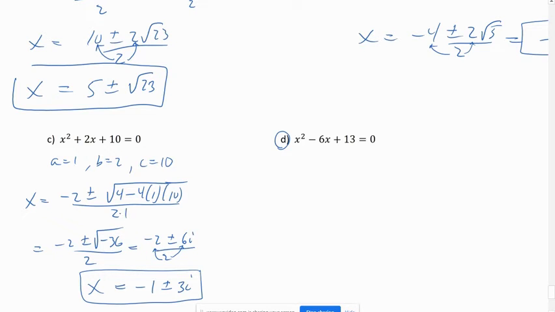For example D, a equals 1, b equals -6, c is 13, and so x equals the opposite of b plus or minus the square root of b squared minus 4 times a times c, all over 2a.